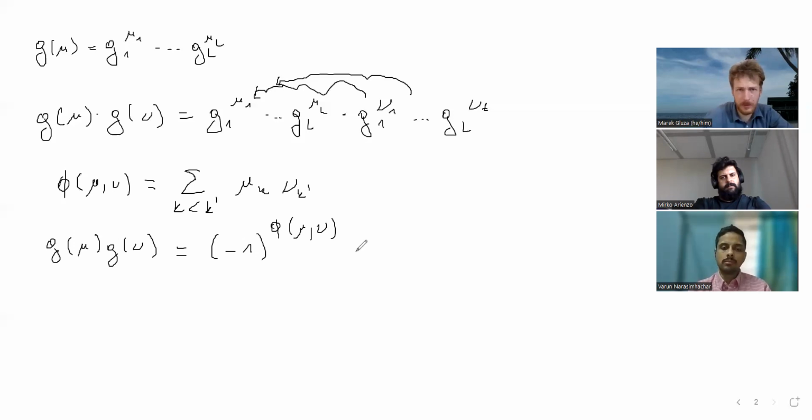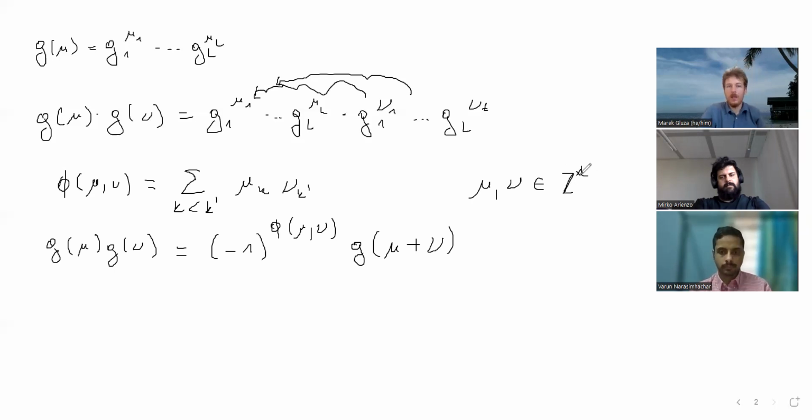We can also do the computation now, but then I can write this as a regular summation of two vectors in the integer space. So now I view mu, nu as vectors in Z^L. So basically, it's putting the polynomials together. You will get some phase functions.